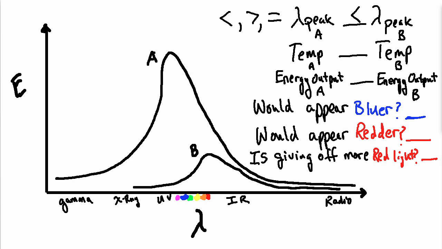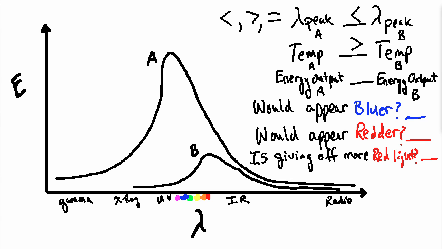In terms of temperature, we have to think about the rule that we've developed, which is objects which give off or peak at short wavelengths of light are much hotter than objects that peak or give off mostly long wavelength light. So since the peak for A is at shorter, higher energy photons, we'll say that that object is much hotter than the temperature of object B, which peaks and gives off mostly low energy photons.